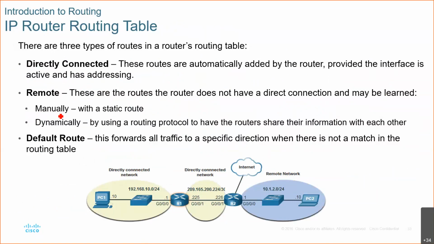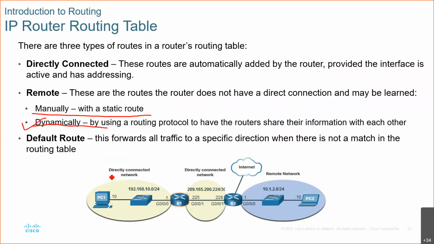Remote routes are ones where the router does not have a direct connection, but it keeps updating its table by learning about the network. You can give a manual route, also known as a static route, something you're going to learn in CCNA-2, how to configure. You can also do a dynamic route, where you just configure it and it automatically learns by itself. This is a better option.